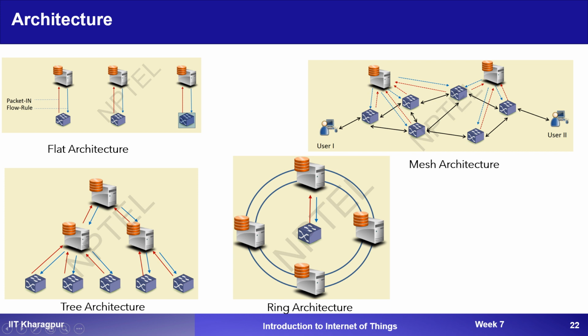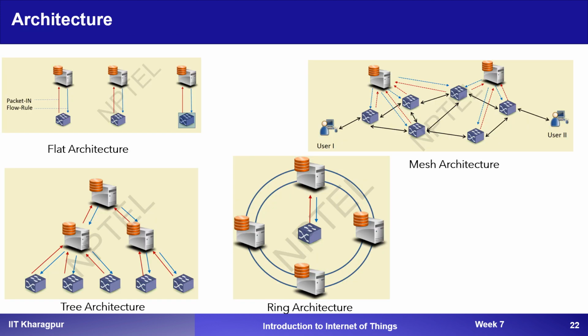So in the form of ring, the controllers are going to handle the flow of a particular switch, right? So in case of ring architecture, the flow of a single switch is handled by multiple controllers, and the different controllers handle the flow in form of ring.